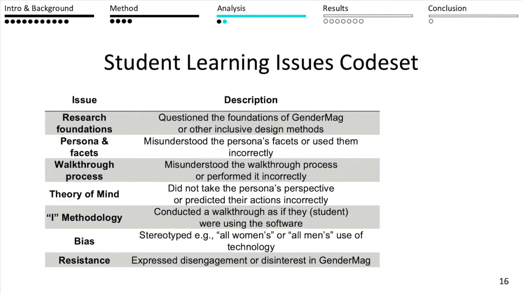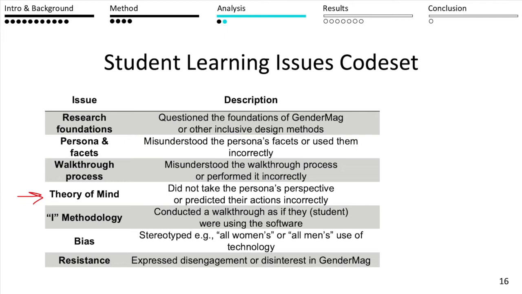Okay, let's see here. So we did an analysis of the kinds of things that people ran into, students. And so here's one example. There's a phrase called theory of mind, which describes someone's ability to step in the shoes of someone else.